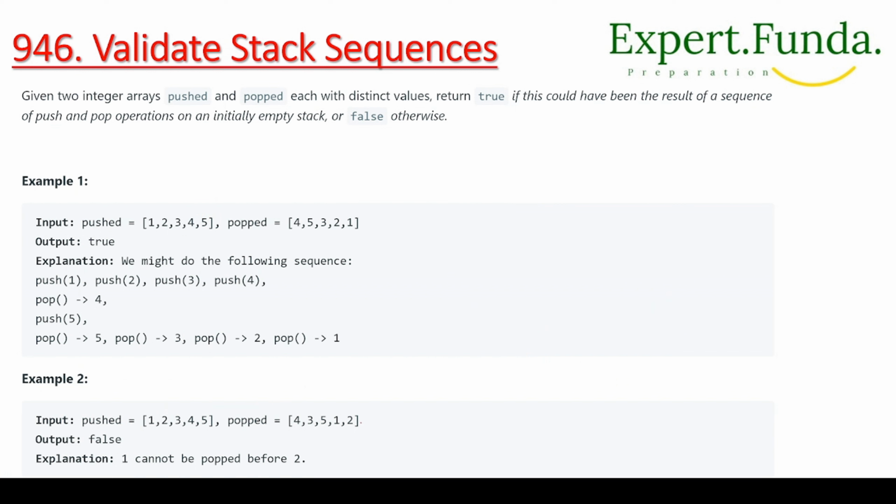Let me explain again. Initially, what happened here? Consider again. First we are going to push 1 into the stack, then 2, then 3, and then 4, and then we will push 5. Like this we push into the stack.